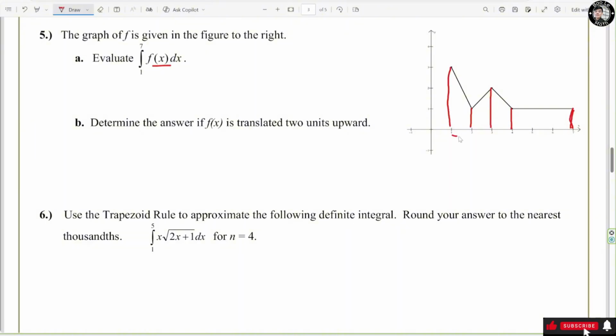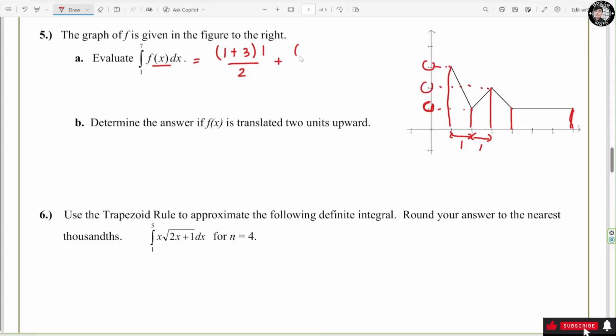So the trapezoid here has the height 1, right? And the bases are 1 and 3 right here, right? So you have base 1 is going to be 1 plus base 2 is going to be 3, times the height 1, divided by 2. Now the second one, the height is 1, right? And the bases are 1 and 2, right?